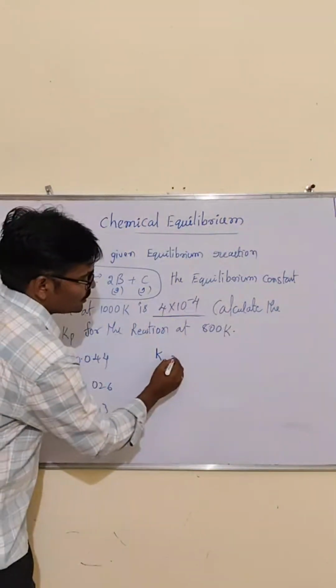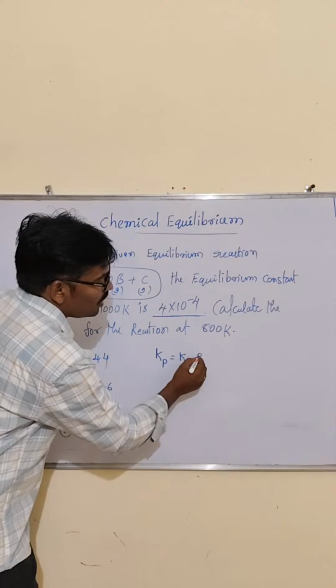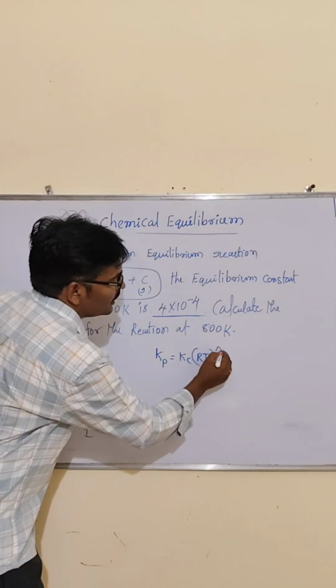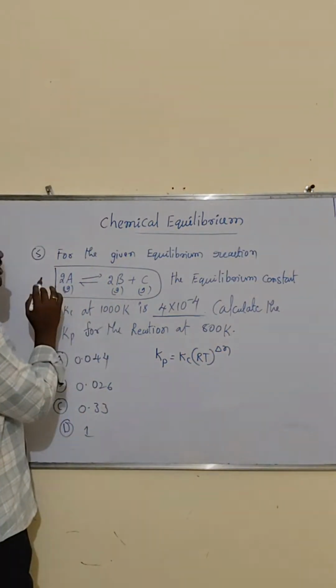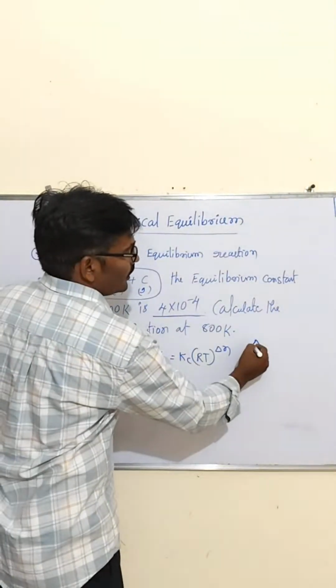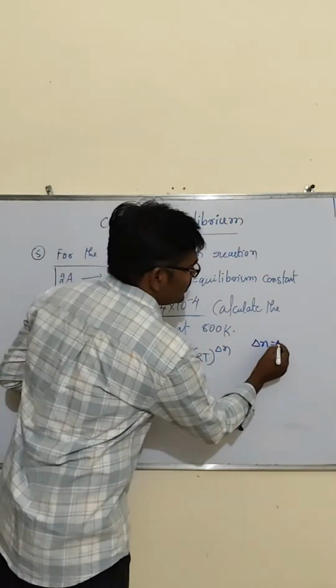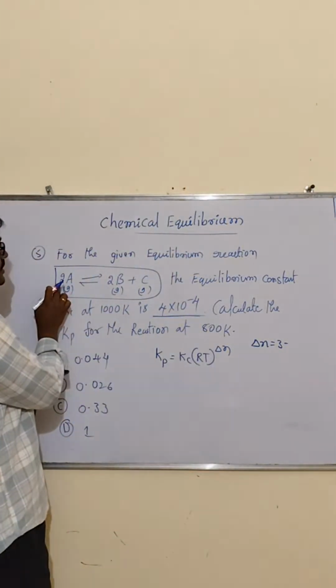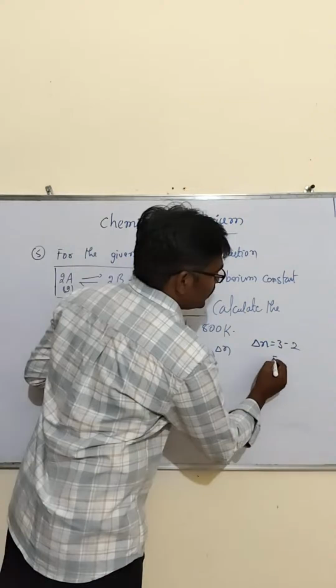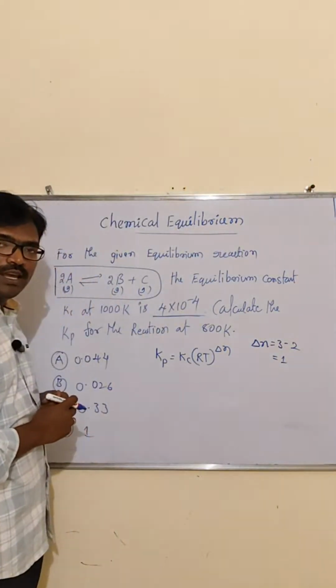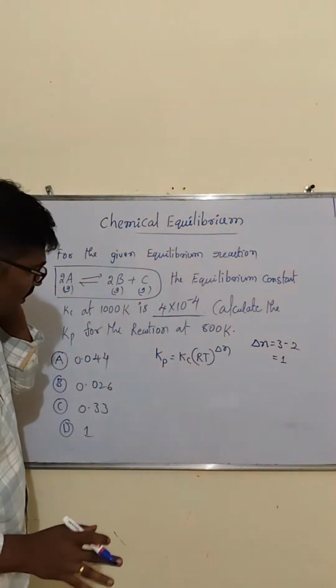So Kp equals Kc into RT power delta n. For this reaction, delta n equals gaseous products of 3 minus gaseous reactants of 2, then you can get 1. So delta n value is 1.